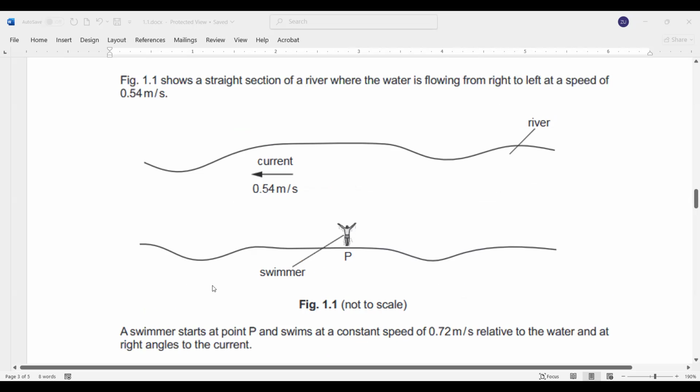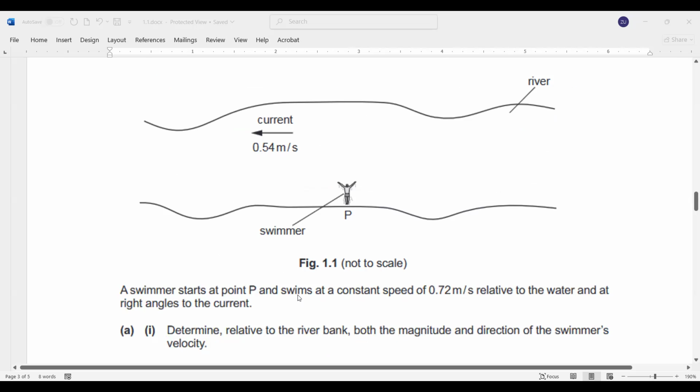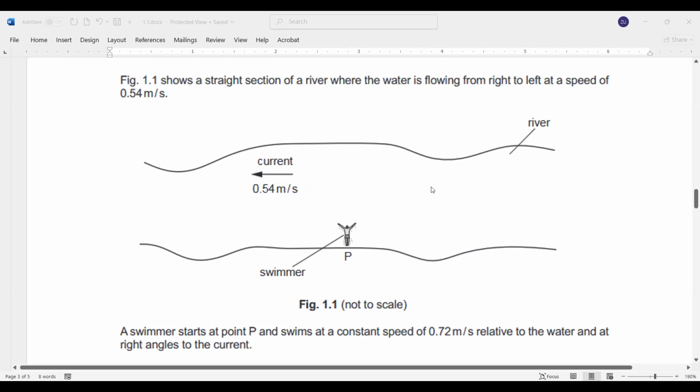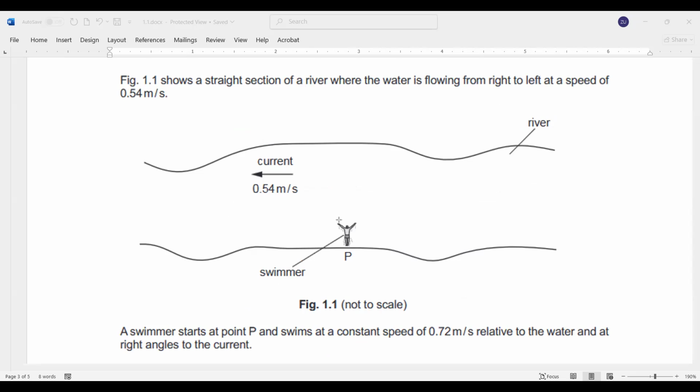And a swimmer is there. A swimmer starts at P and swims at a constant speed of 0.72 meters per second, and there's a river current of 0.54 meters per second.